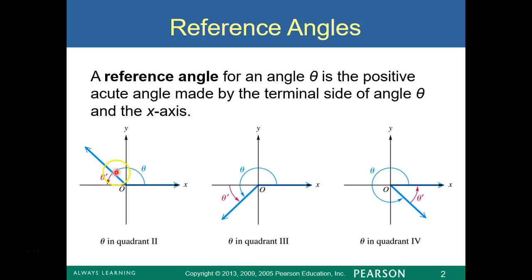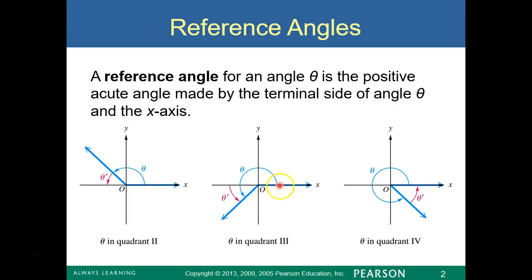But our reference angle is this right here. In comparison, it's always going to be the smallest angle, wherever it lies in whatever quadrant, compared to the x-axis. So we have our x-axis here, here is our angle, and this is our given angle theta. But this right here, from where our angle's terminal side is to the x-axis, that is what we call our reference angle.